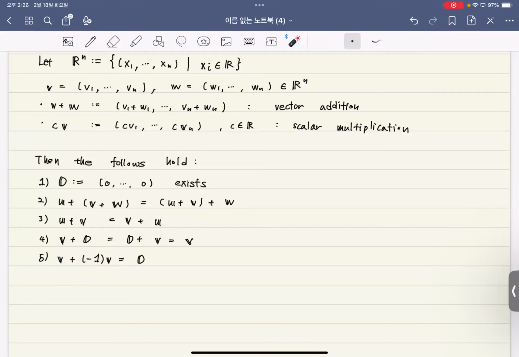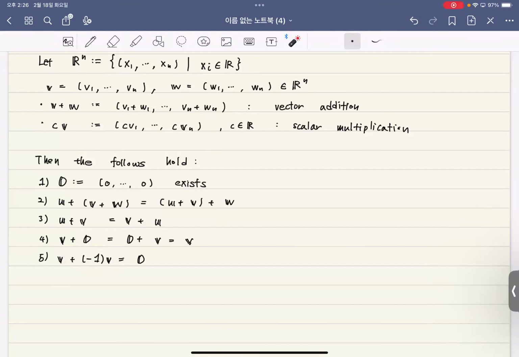Also, for the scalar multiplication, (ab) scalar multiplied by v is the same as this. And scalar multiplication by 1 is always itself.